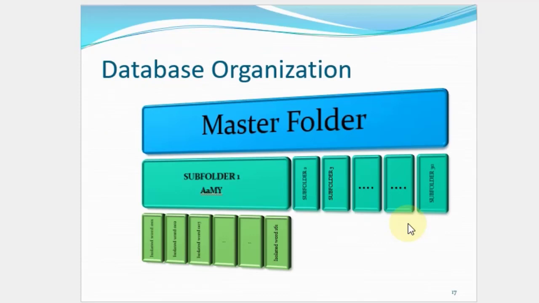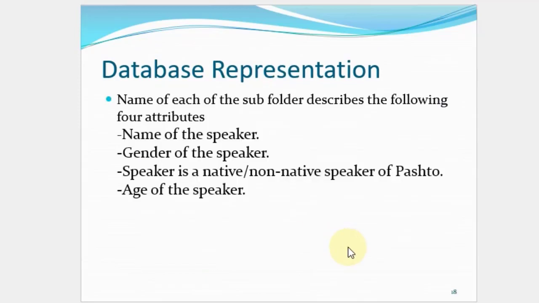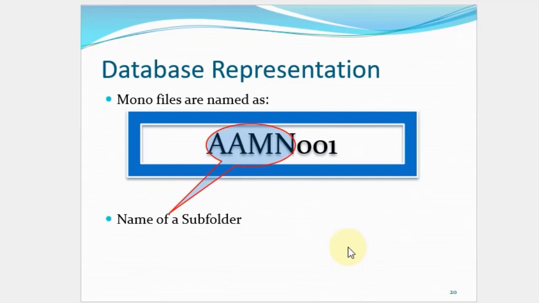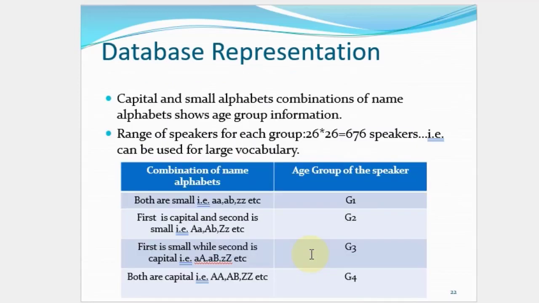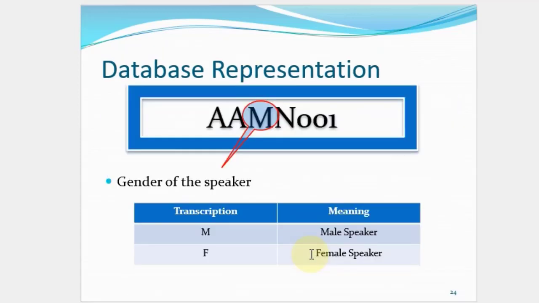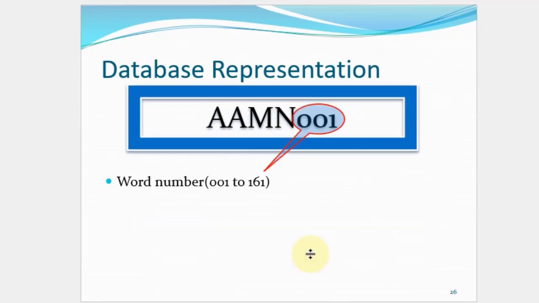Then after it, what was the database organization and how did I organize the database? It was like this one. All the audio files were labeled in order to portray all the information available which I used for the recording. This is all the labeling format which I used.